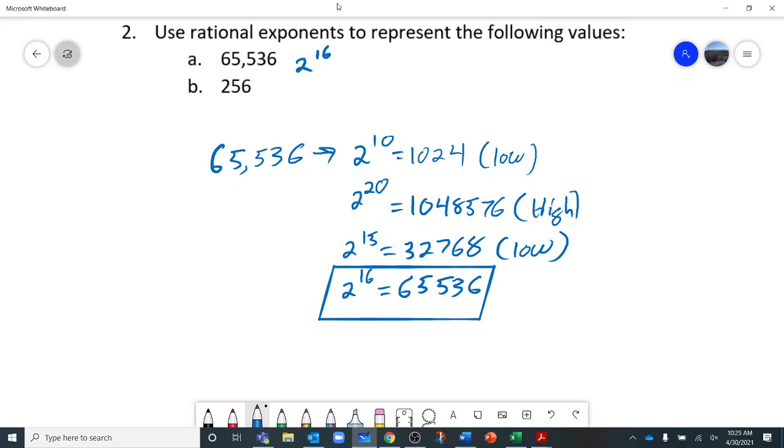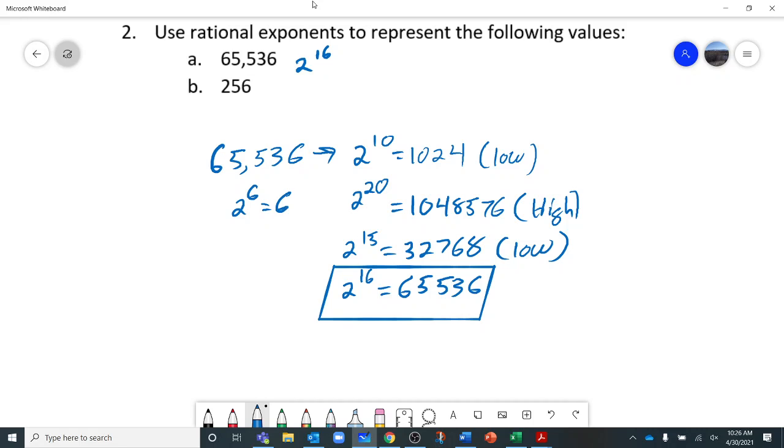Most of these, especially if they're even numbers that you've heard a lot, like 256, are probably a power of 2. Right about here, 2 to the 10th was 1,024, and I'm betting if we go down, let's try 2 to the 6th power.